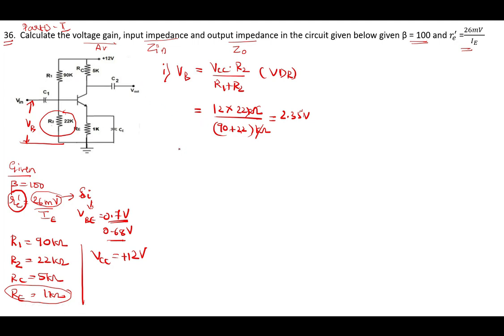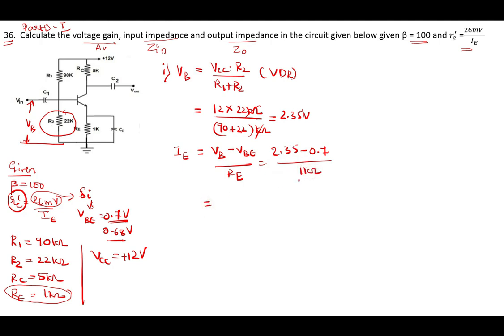After this, I need to calculate IE, because to calculate RE dash I need IE. So IE is equal to VB minus VBE by RE. VB, we calculated it as 2.35 volt. VBE is 0.7 volt as I said, divided by RE, which is 1 kilo ohm.